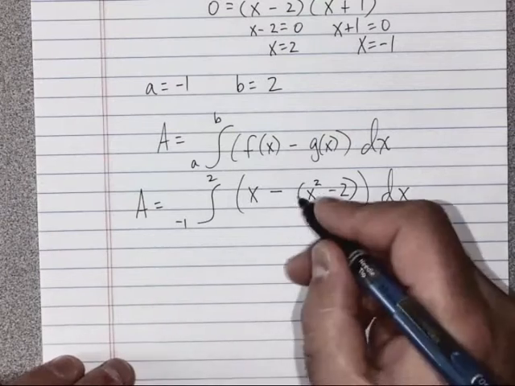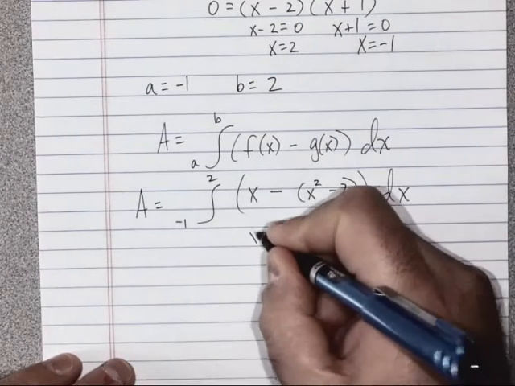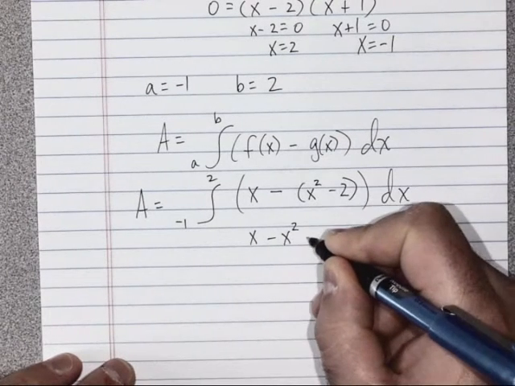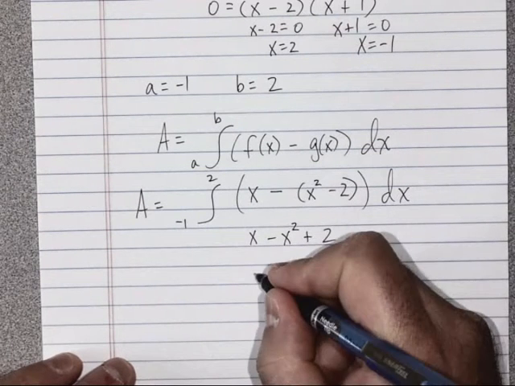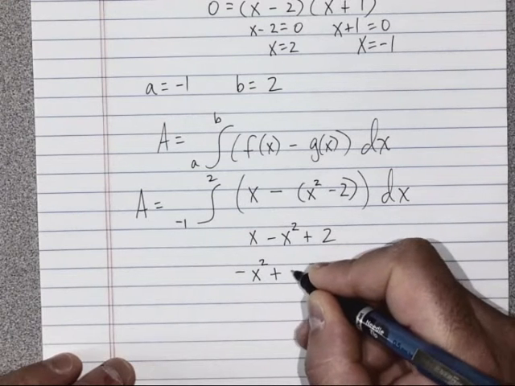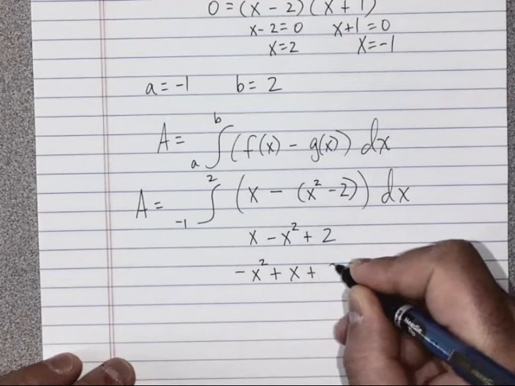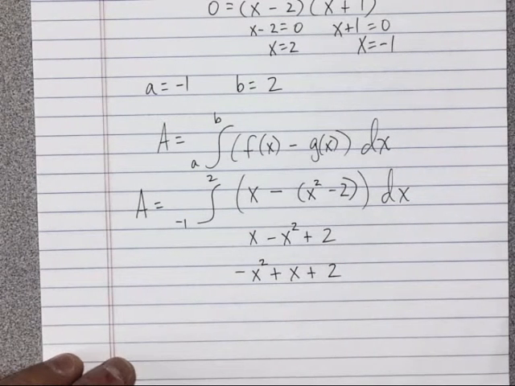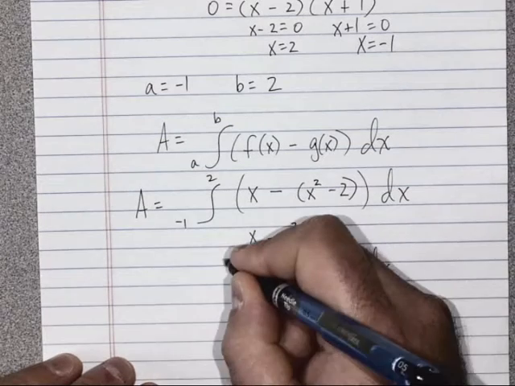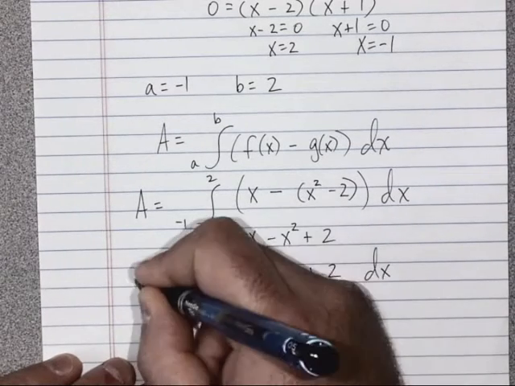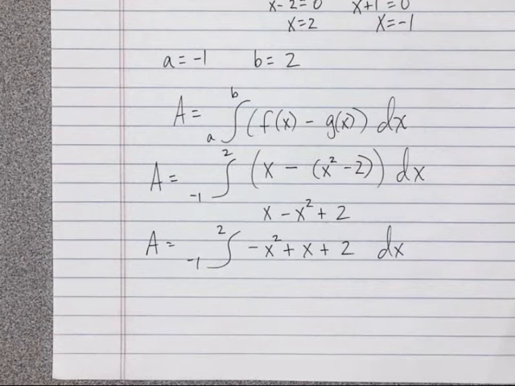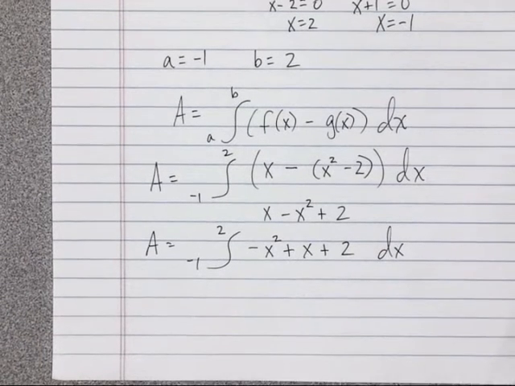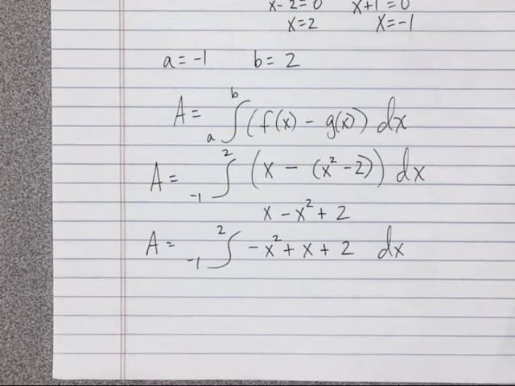So distribute that -1 through. We get this. I'm just going to write it in a standard form. And then, of course, since that's a polynomial, it's not too difficult for us to integrate that.